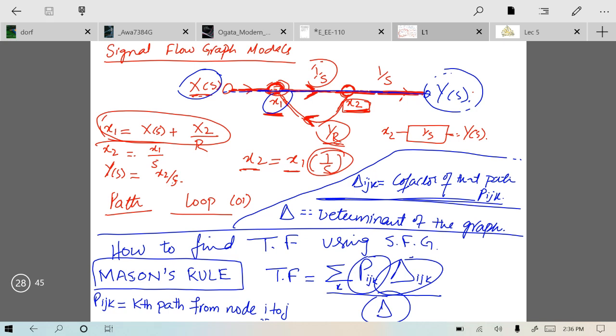So let's do an example. Let's solve an example using this Mason's rule. We have a system. Let's draw a signal flow graph. This is R(s), node R(s). Then there is another node.